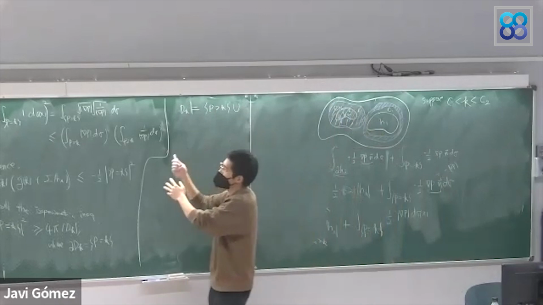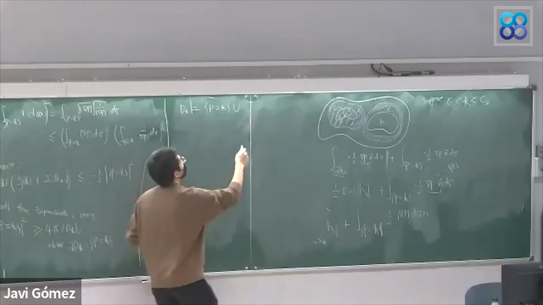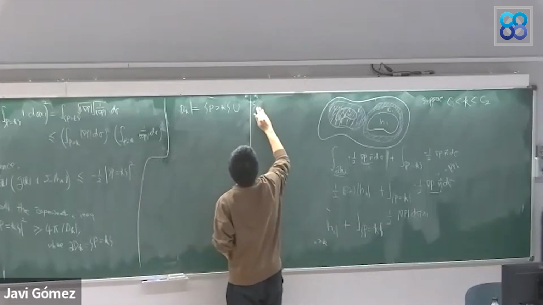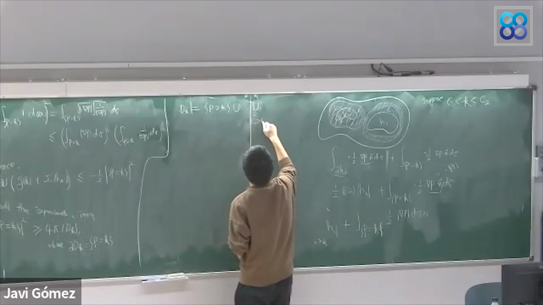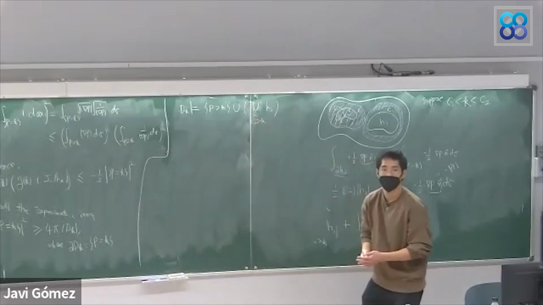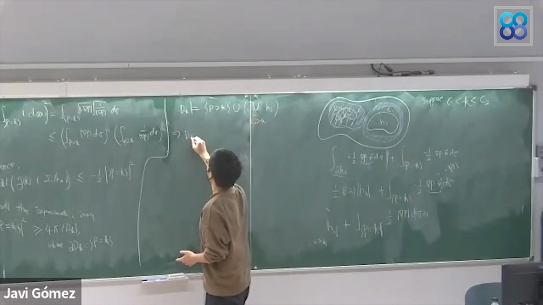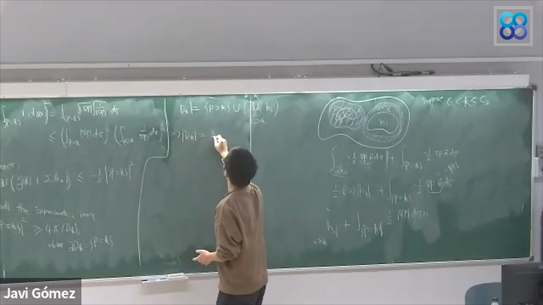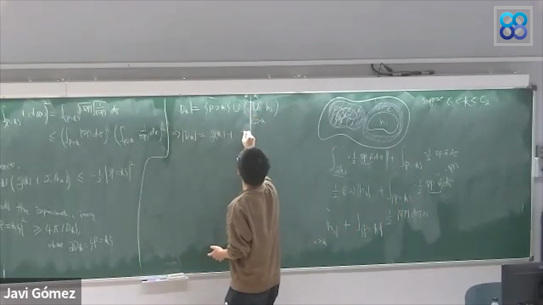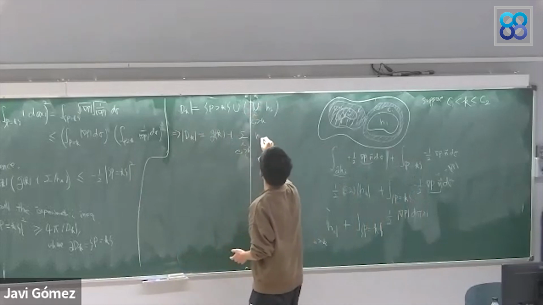So it is exactly the union over i of the c_i bigger than k, h_i. That means the area of D_k is g(k) plus the summation of h.